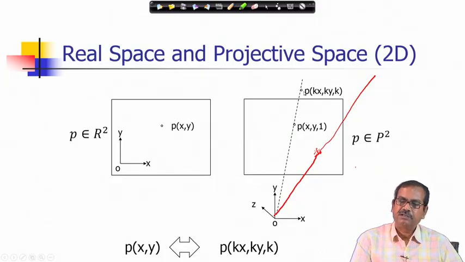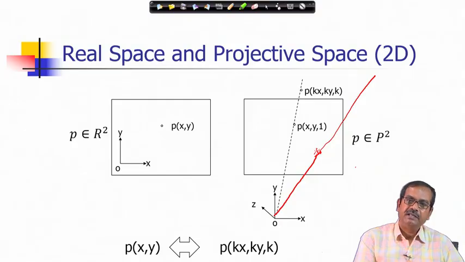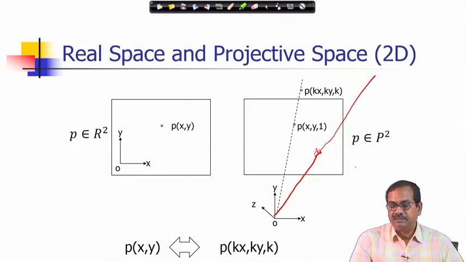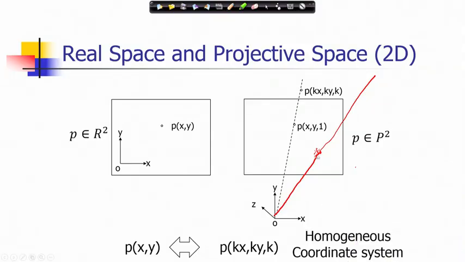So this is the relationship when we consider an image as a two-dimensional real space, and on the other hand, when the image is considered as a two-dimensional projective space under the imaging perspective of projection. This coordinate system is called the homogeneous coordinate system, and you have an additional dimension which denotes the scale of this coordinate system.